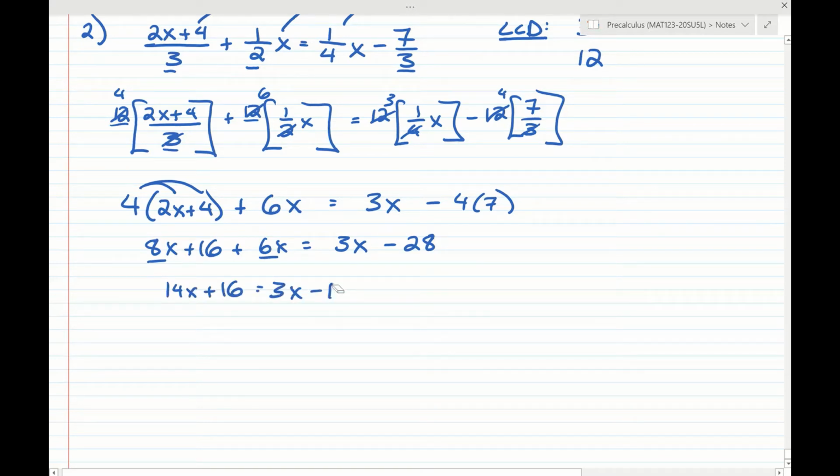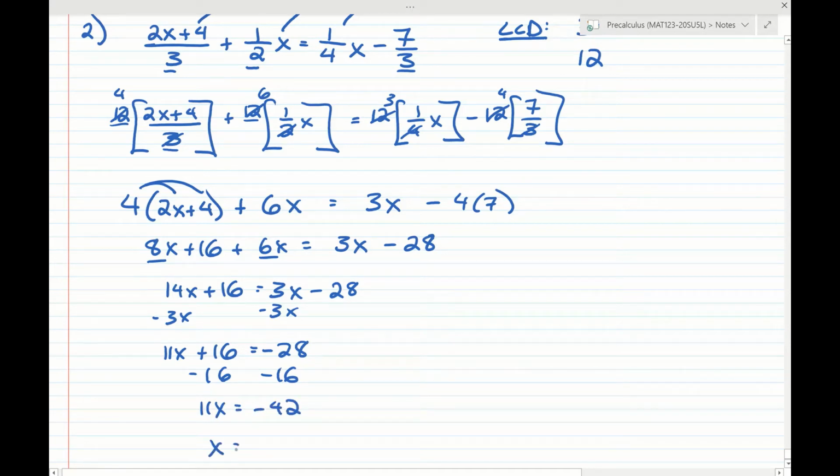And now it's pretty straightforward. Let's get our variables on one side, the numbers or the constants on the other. And x would be negative 42 over 11.